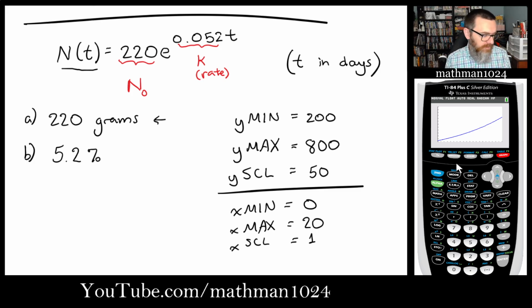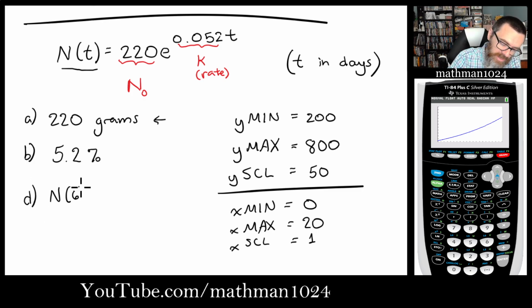So we've got the graph. The question here says, what will be the mass of the culture in 6 days? So for part D, it's asking what is the mass in 6 days. Now, there are a couple of ways that we can do this.